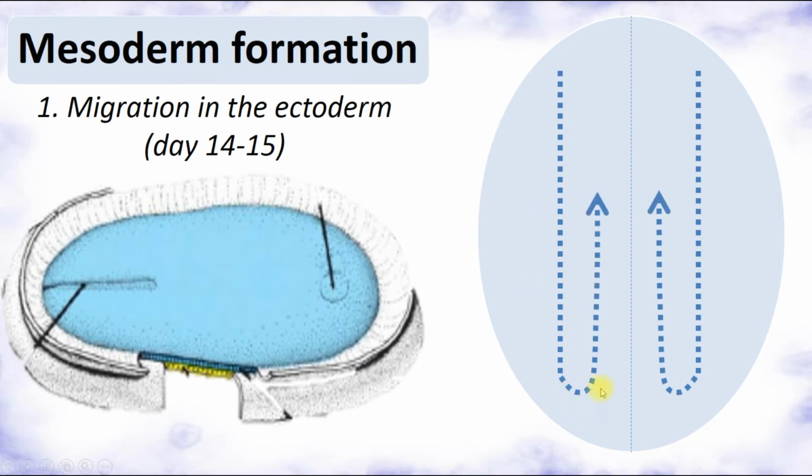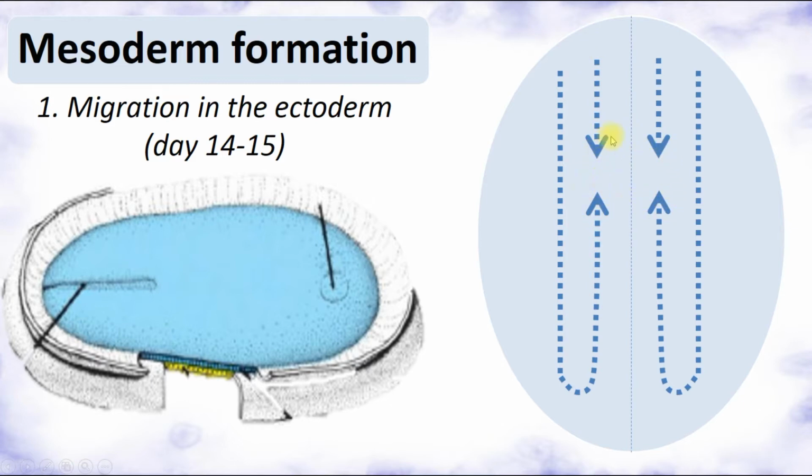So they migrate to the anterior side. But here, in this part of the embryo, there are some cells which are still migrating from the anterior to the posterior end of the embryo. So some cells have turned back, but some cells are still migrating from the anterior to the posterior end.